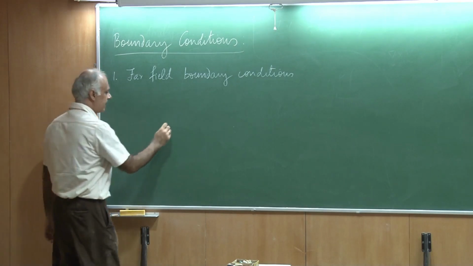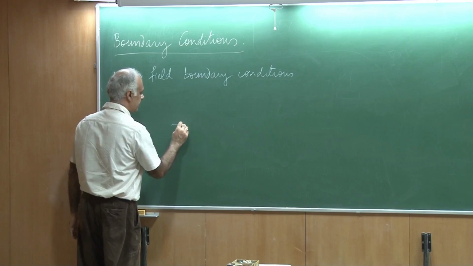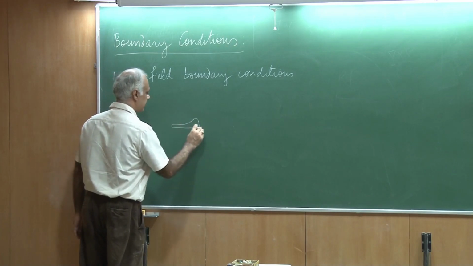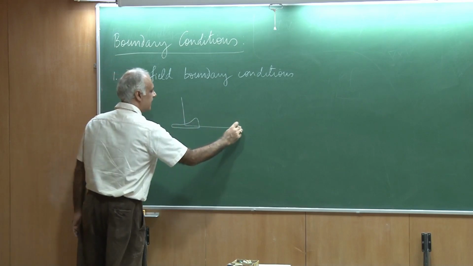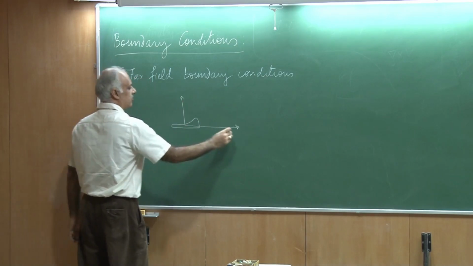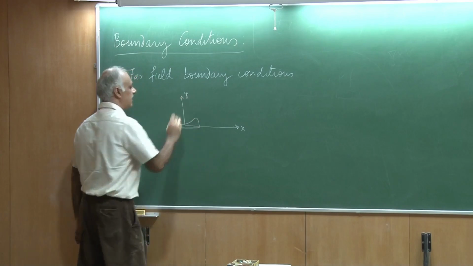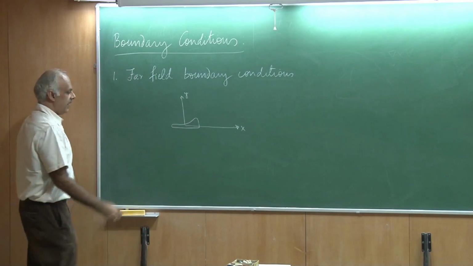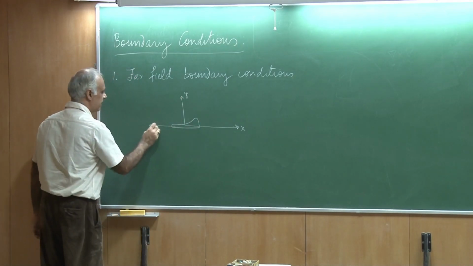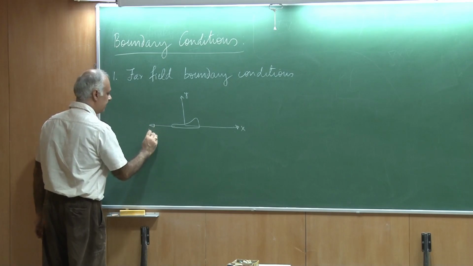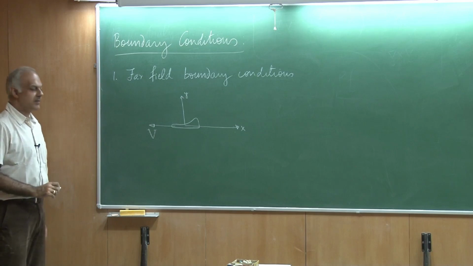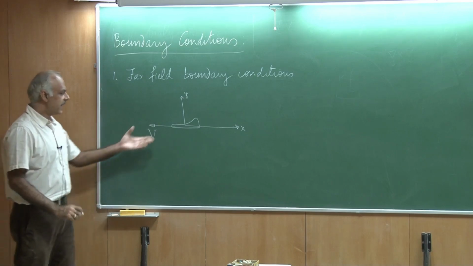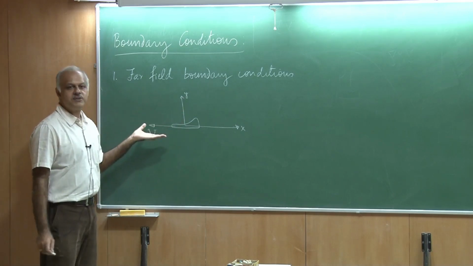So let us look at an example of an aircraft. So here is an aircraft, and let me think of a coordinate system attached to the aircraft. So this is x, this is y, and the aircraft is moving at a certain speed. Let me call this as v. What does the aircraft do to the atmosphere? Well, it disturbs the air.